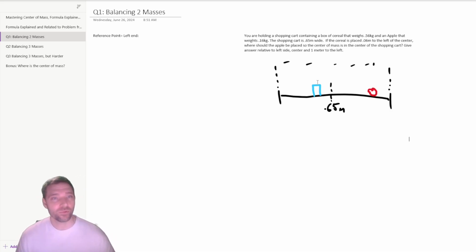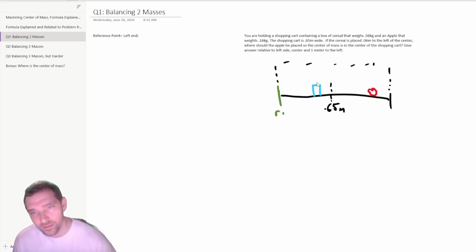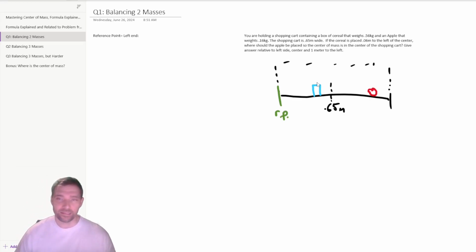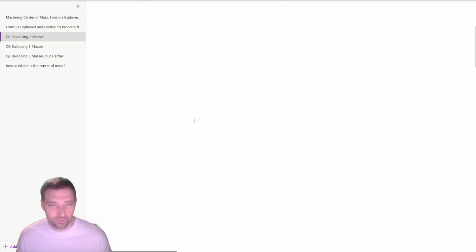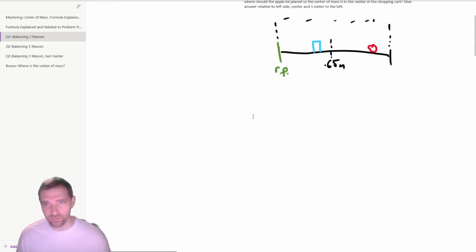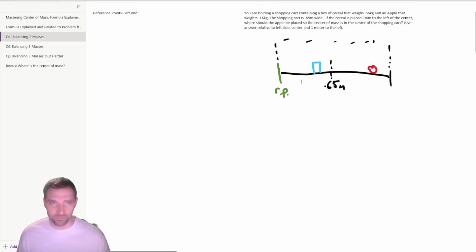So we're going to do this problem with a reference point starting here, and everything will be relative to that reference point at first, and then we're going to do the same thing looking at it from the center and further out. But to start us off, we're just looking at the reference point from here.